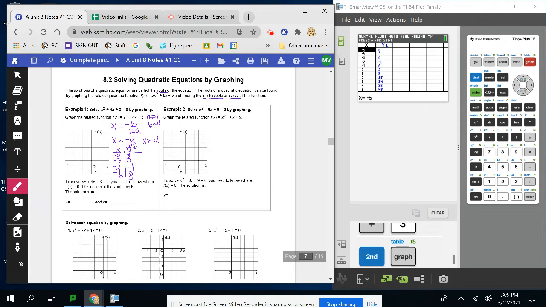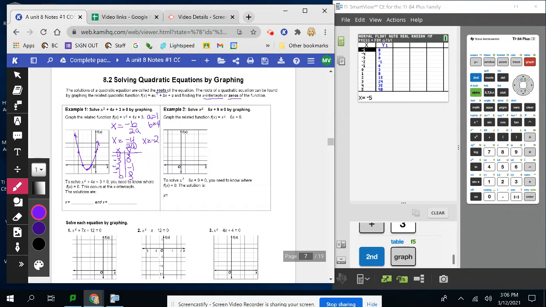So I plot this. Negative 4 is 3. Negative 3 is 0. Negative 2 is negative 1. Negative 1 is 0, and 0 is 3. Oops. Not the best at drawing the lines here sometimes. There, that's better.